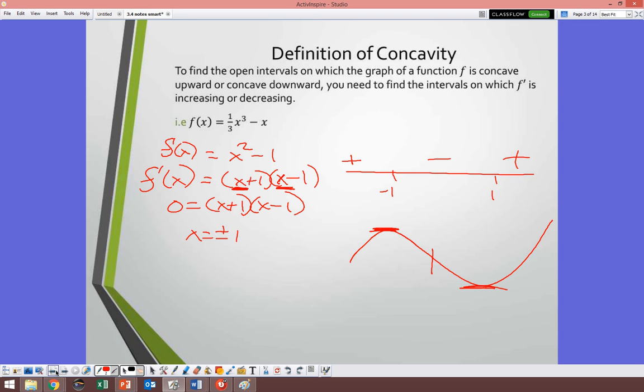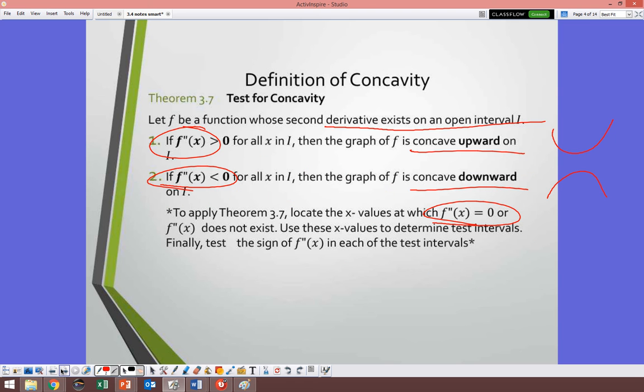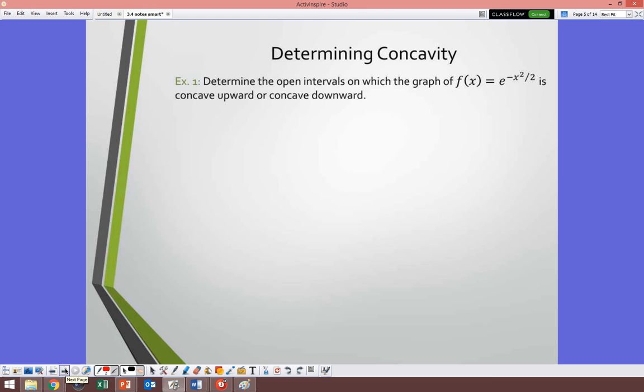So where it changes is where my second derivative equals 0. Now it makes sense. So we use that to do my test intervals, to determine open intervals on which the graph is concave upward or concave downward.